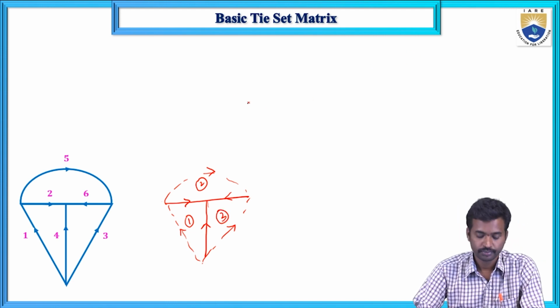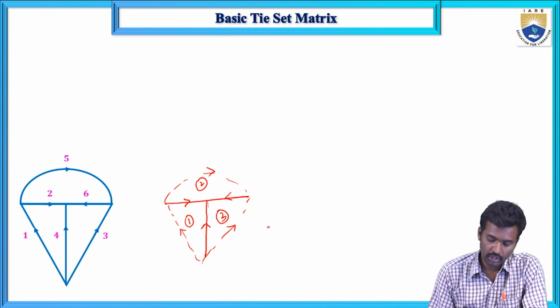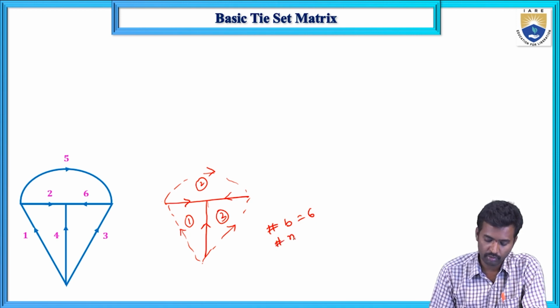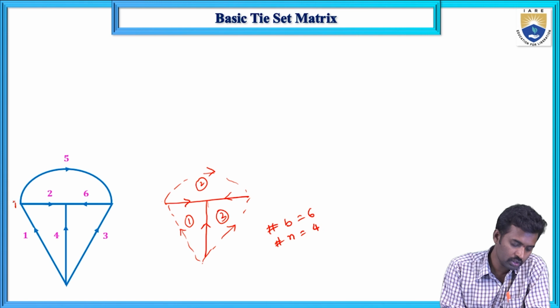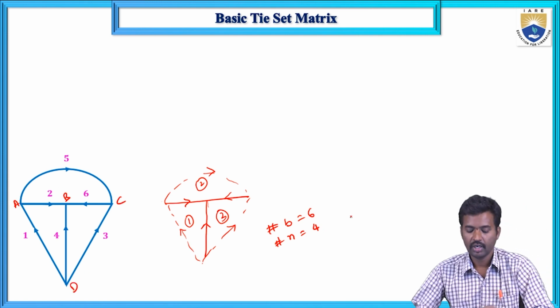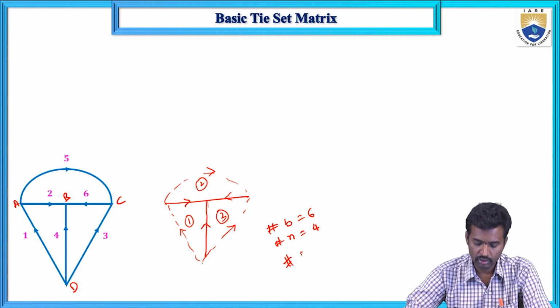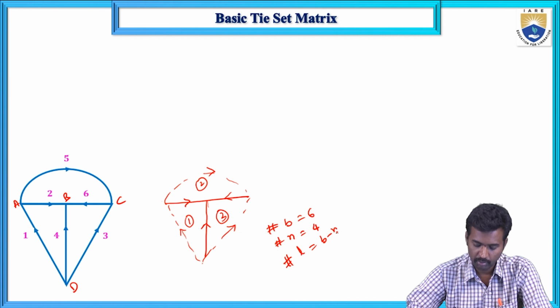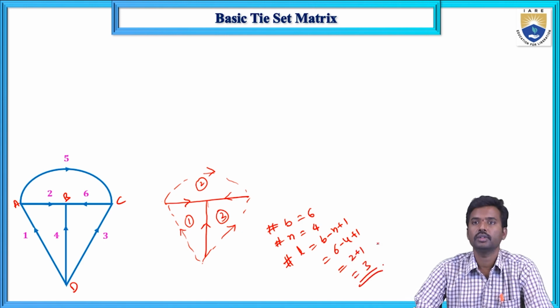Now here the possible number of branches is 6 for this graph, and the possible number of nodes is 4: A, B, C and D. The number of links equals 3. It is verified from this formula, b minus n plus 1, that equals 6 minus 4 plus 1, that equals 2 plus 1 equals 3.